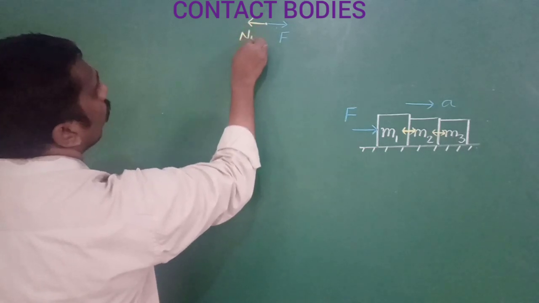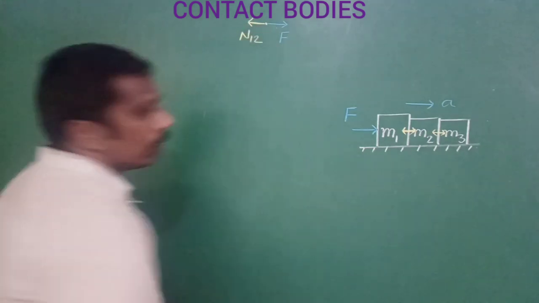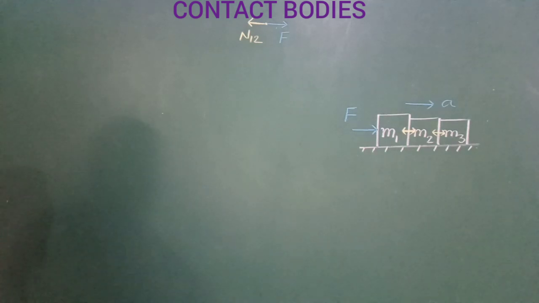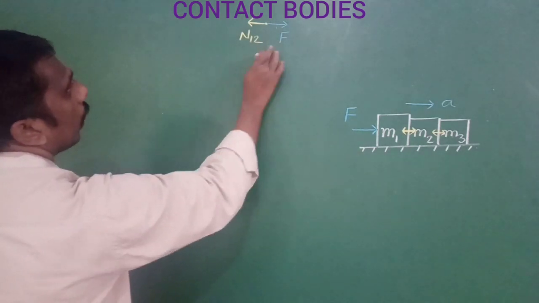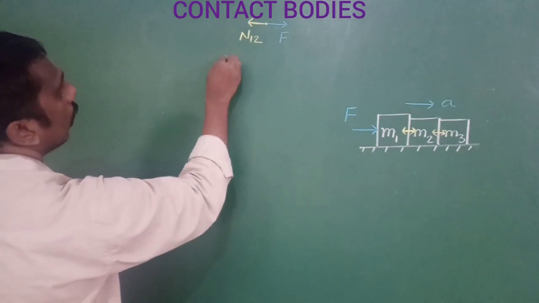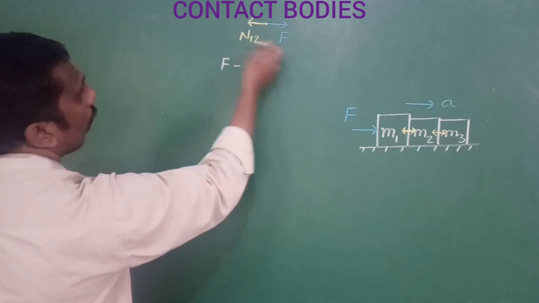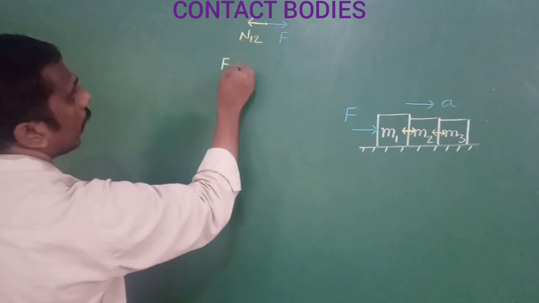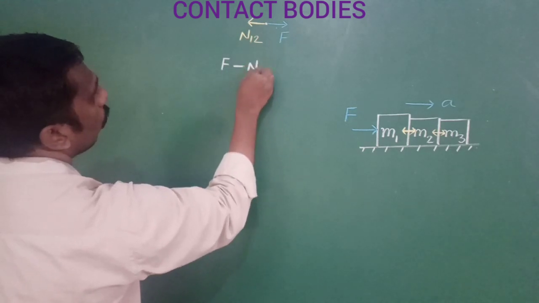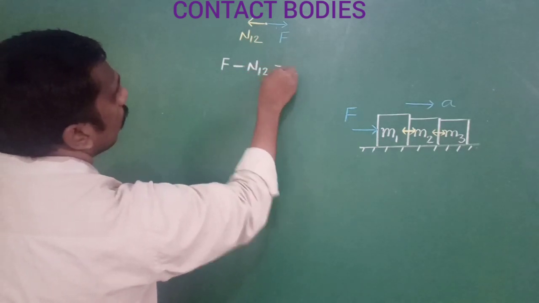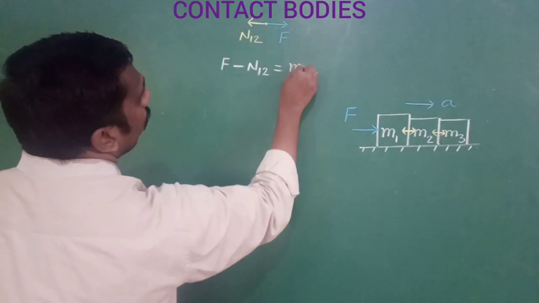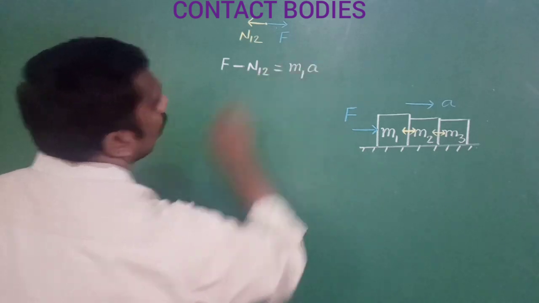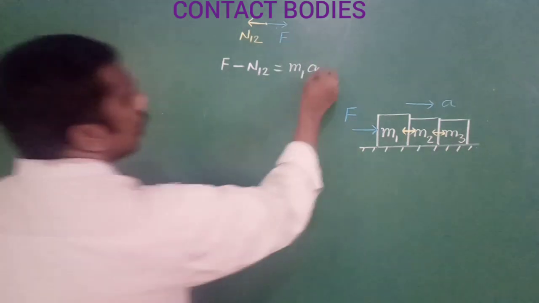This block is going towards east because of applied force with a certain acceleration. From this we write an equation: F, the applied force, minus normal reaction acting towards left, left taken as negative, N12. This is net force. Net force is equal to mass into acceleration, mass M1 and it is going with an acceleration A. So this is equation 1.